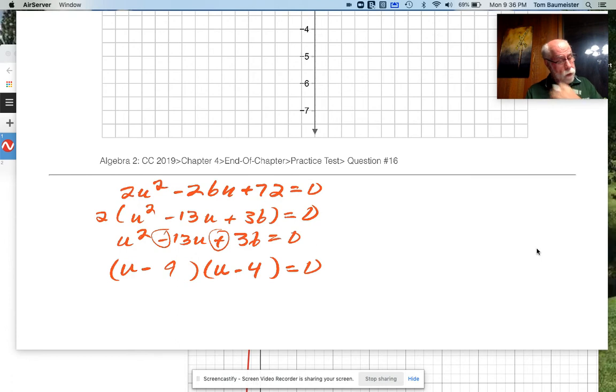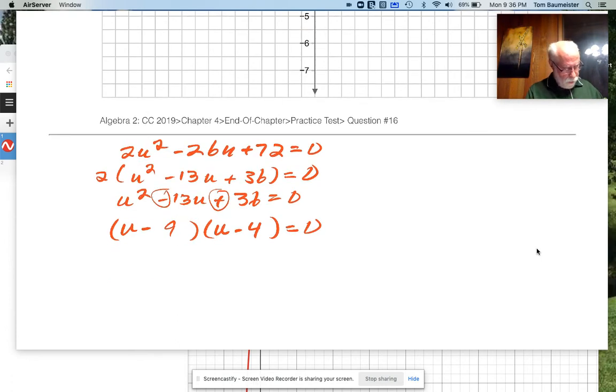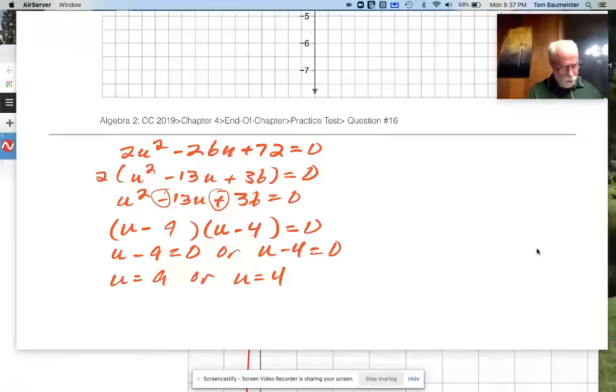All right? So by the zero product property, we know that u minus 9 is equal to 0, or u minus 4 is equal to 0, or u is equal to 9, or u is equal to 4.